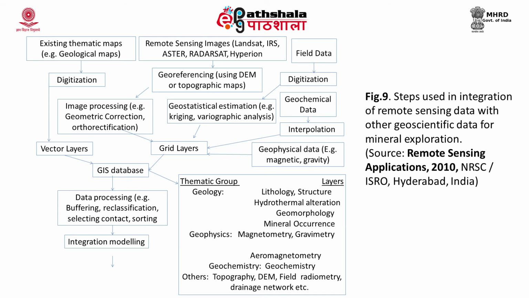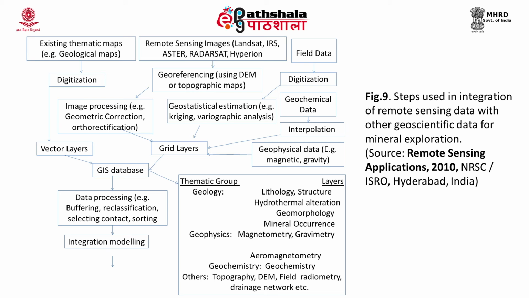And here is another flow chart where we can see how to use remote sensing data to get different geoscientific information, which is more important for mineral exploration. This flow chart and the previous one have been taken from Remote Sensing Applications, 2010, published by NRSC ISRO Hyderabad.